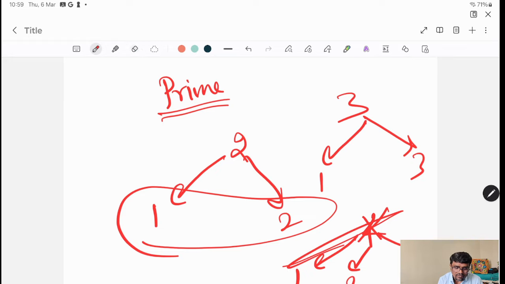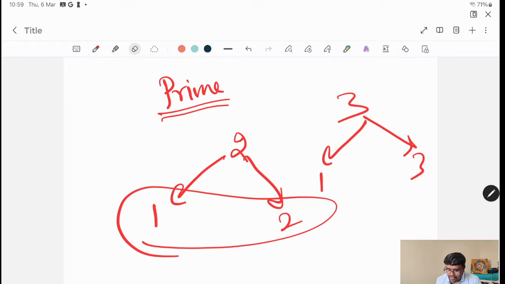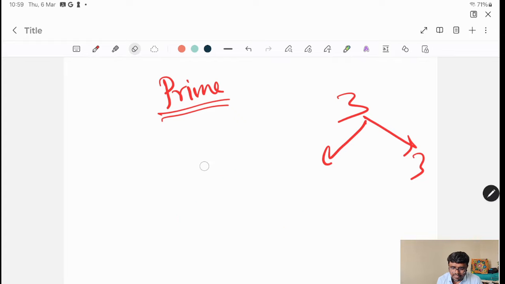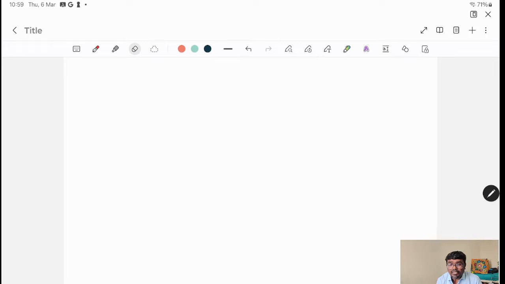So let me write down what the prime numbers are. This is the important thing. You need to remember at least the prime numbers up to 100. How many prime numbers are there up to 100? 25 prime numbers. These 25 prime numbers you need to remember. It is very important, not just for calculation.